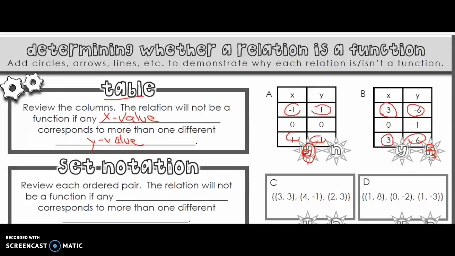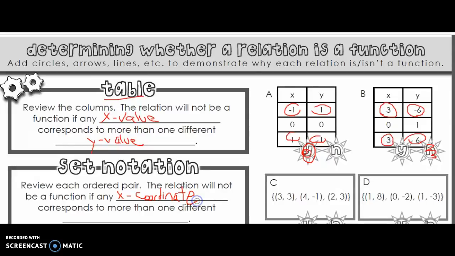Now we're going to talk about set notation. Review each ordered pair. The relation will not be a function if any, and this time we're going to say x coordinate, it's almost always x. Now remember, a coordinate is like a point on a graph. Okay, I'm trying to spell it the best I can using my mouse pad, so it's a little tricky.